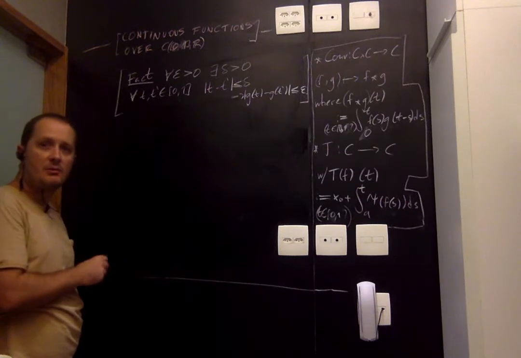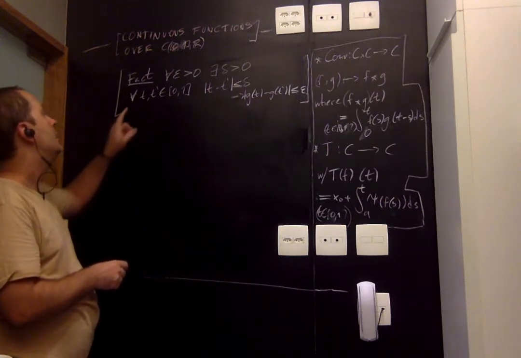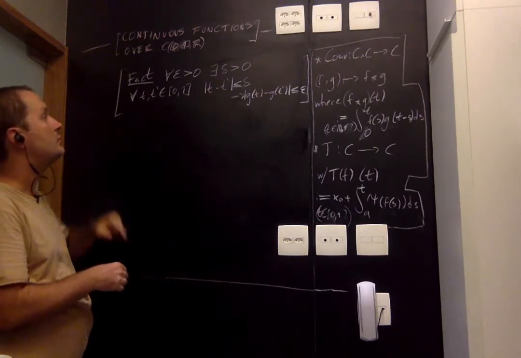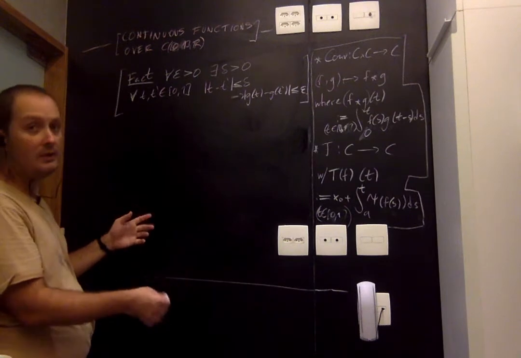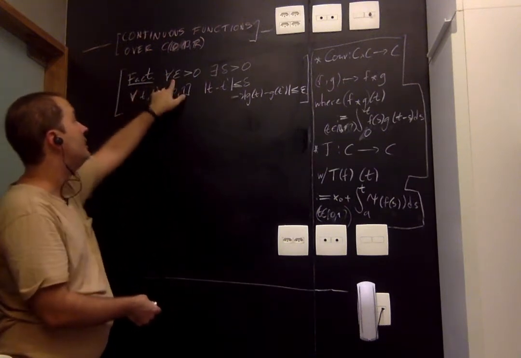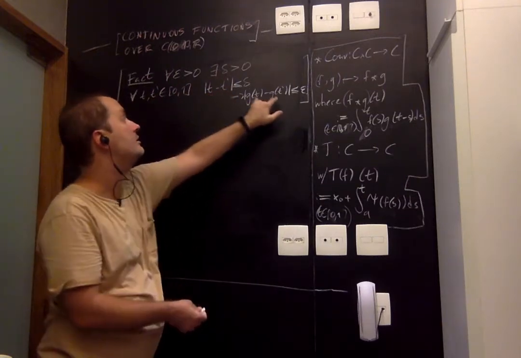Just as a reminder, why is this called uniform continuity? Well, look, the usual statement of continuity has many versions. We stated it in the version of convergent sequences. Another one that we're going to see pretty soon is that if I give you a t and I give you an epsilon, you can find a delta such that for all t prime satisfying this, you get this.